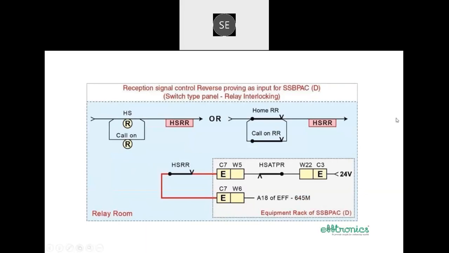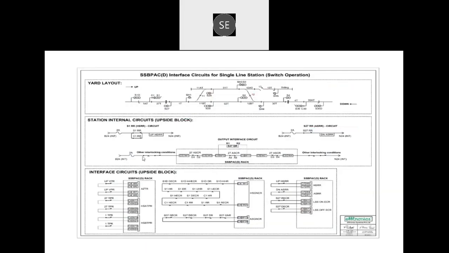Similarly for home, and all reception signals like home and calling on, the home RR input is wired as input to the block instrument.